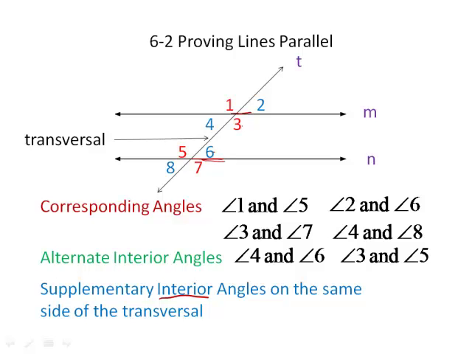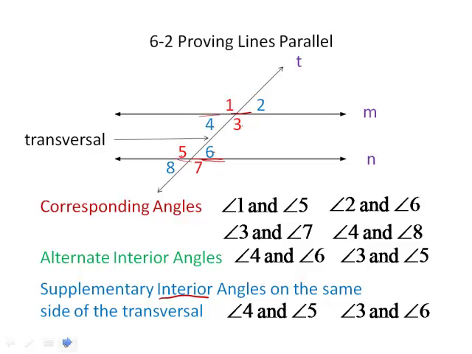So those are interior angles on the same side of the transversal, and later on we're going to learn that they are supplementary. So that's one pair. 4 and 5 is the other one. So 4 and 5, both on the left side of the transversal, inside the parallel lines, the interior of those parallel lines. So they are supplementary interior angles on the same side of the transversal.